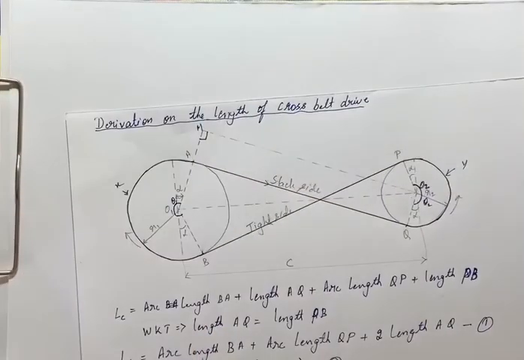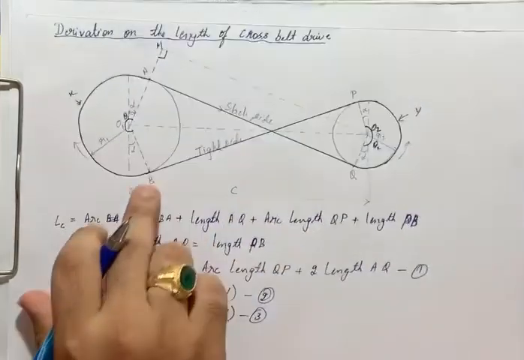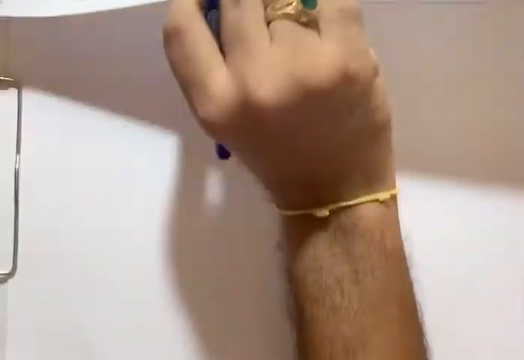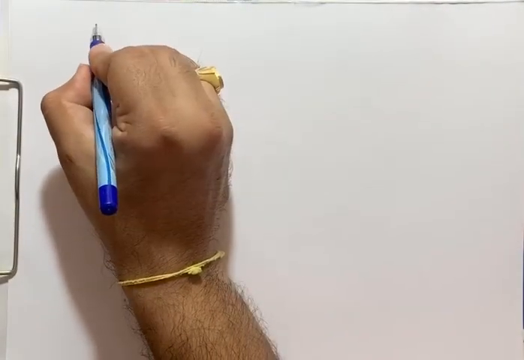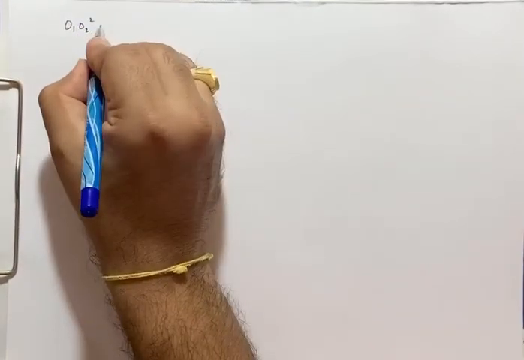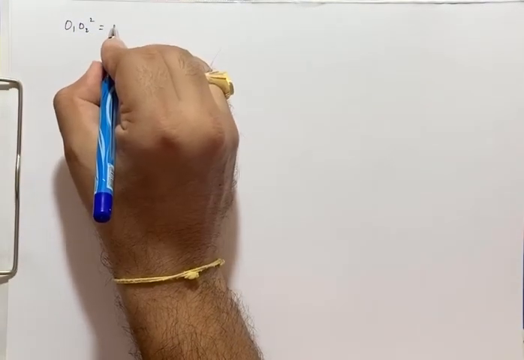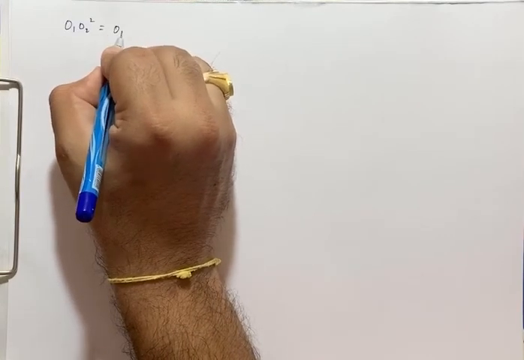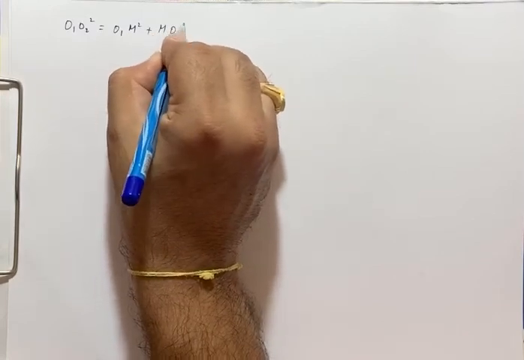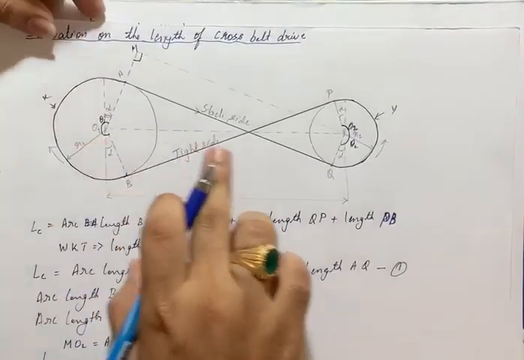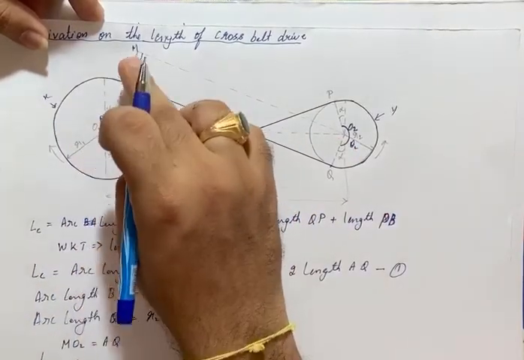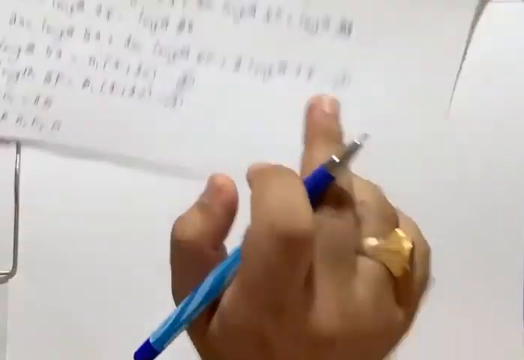So what we will do with this triangle, that is O1 O2 M, I will write like this, that is O1 O2 square, that is hypotenuse square, is equals to sum of 2 adjacent square, that is O1 M square plus M O2 square, right?